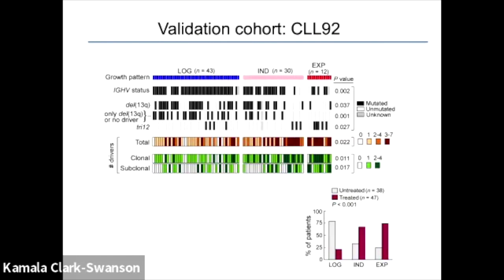When we looked at the number of drivers, we were able to again confirm what we found in the smaller cohort, and that is that logistically growing CLLs had significantly smaller numbers of drivers compared to exponentially growing CLLs.